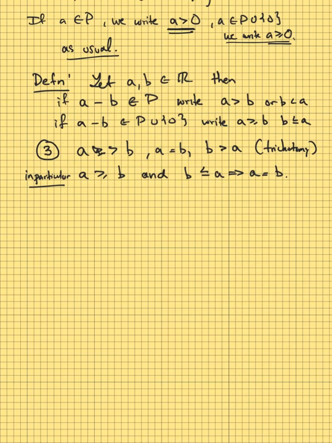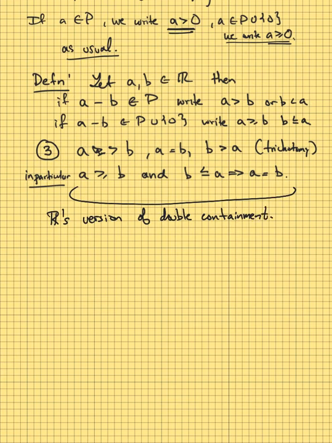Okay? You can think of this as the real numbers' version of double containment. For double containment, we were looking at two different sets, and if they're each contained in each other, then they have to be equal.